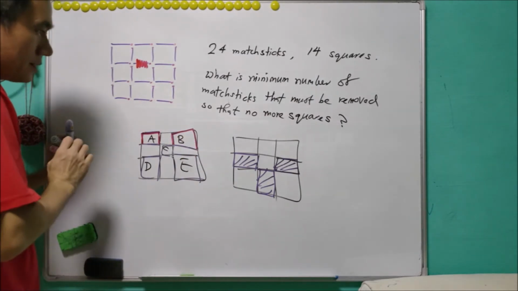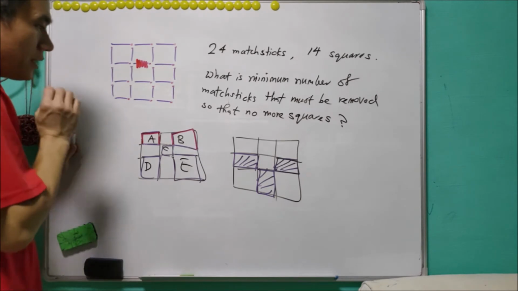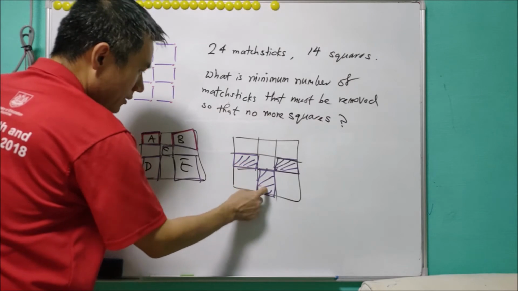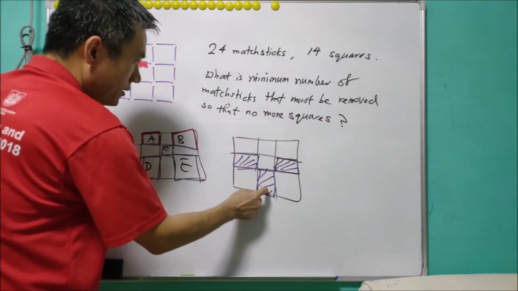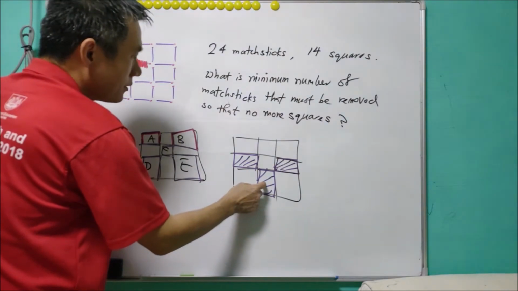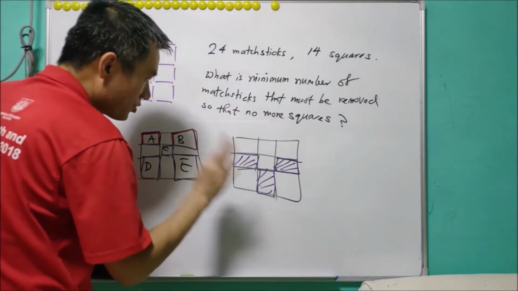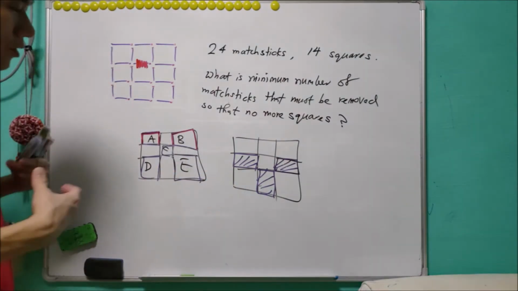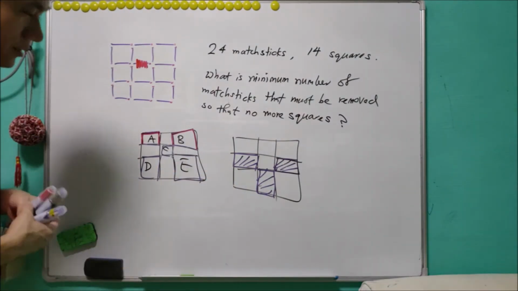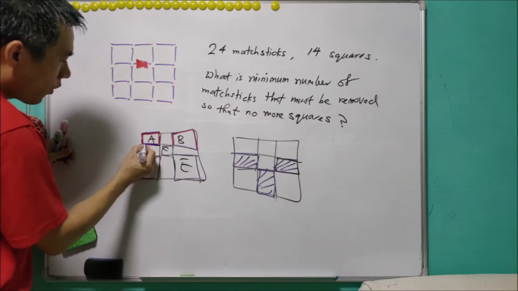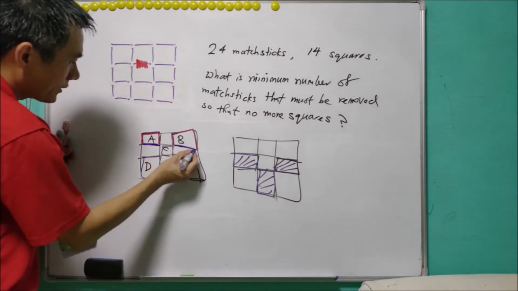But then, it turns out that we still have 3 squares that do not have any intersection of the edge. And it means that we need at least 3 matchsticks to destroy these 3 squares. You will have more than 5 matchsticks. So we need to remove either one side here or one side there.